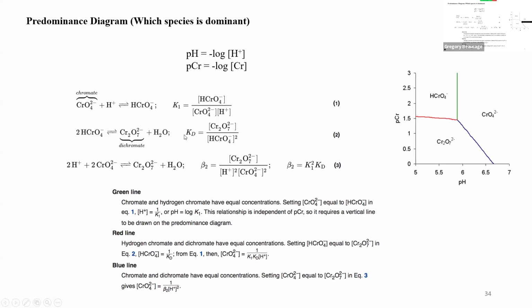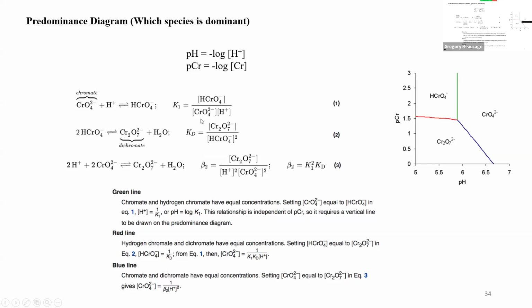So you have that for the chromate plus protons giving hydrogen chromate. You have the same thing for hydrogen chromate going to the dichromate ion and water. And then you have hydrogen and the chromate going to the dichromate and water. So it's like 3 reactions. There's 3 lines on this.